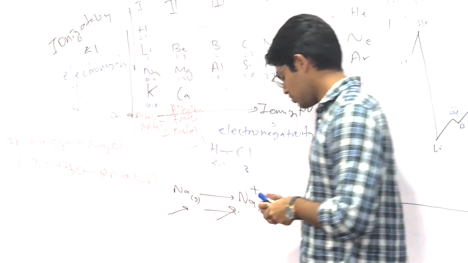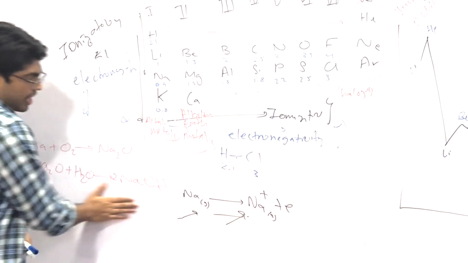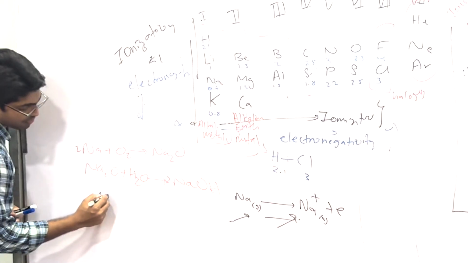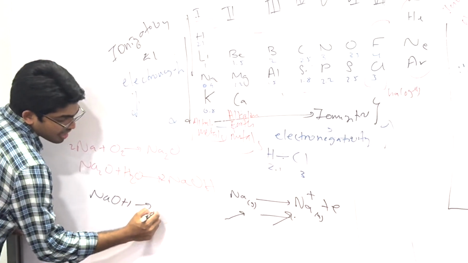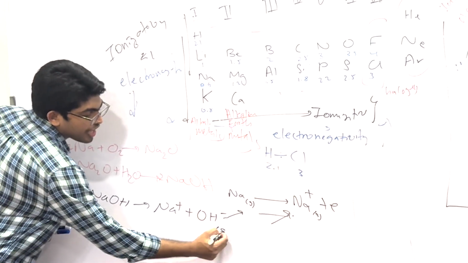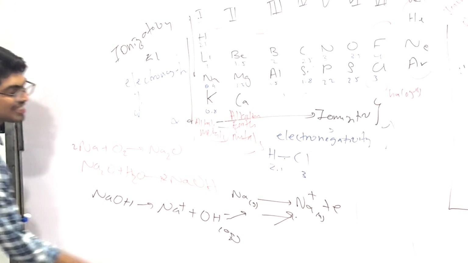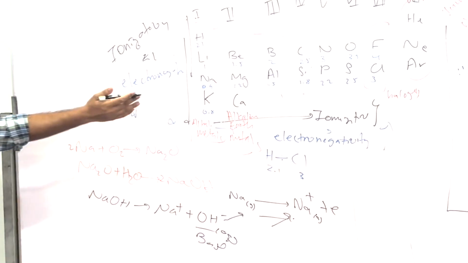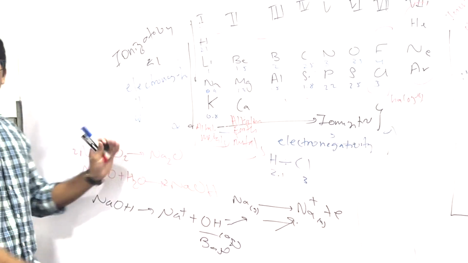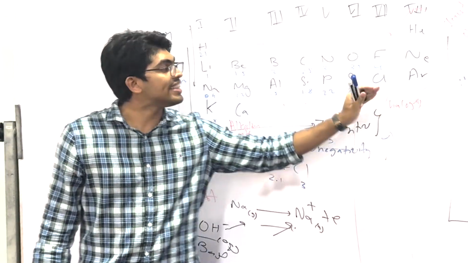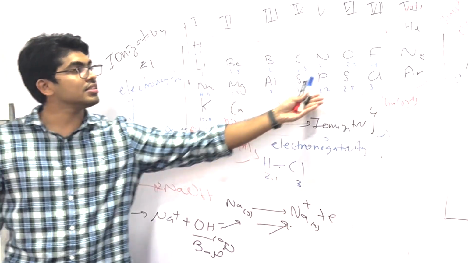So sodium hydroxide has the ability to release OH minus ions into the aqueous solution, so we call it a base. The basic nature decreases across the period, and the acidic nature increases across the period.